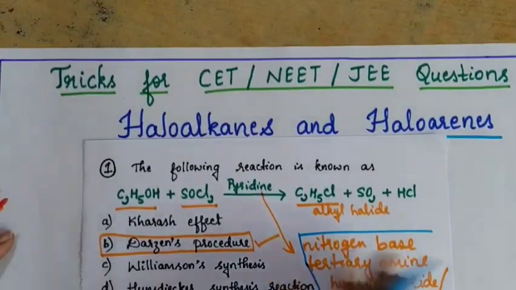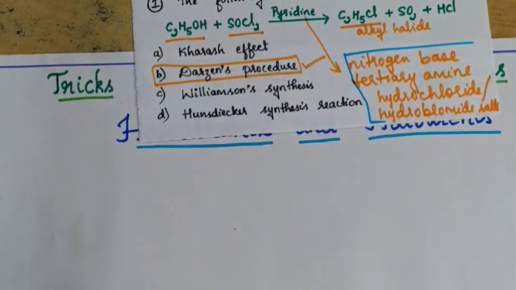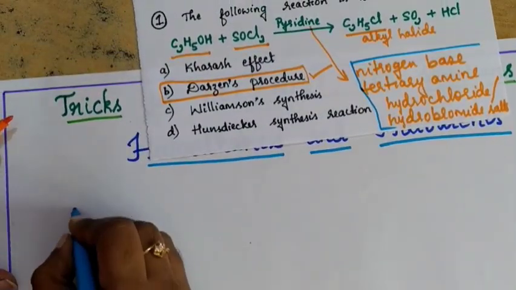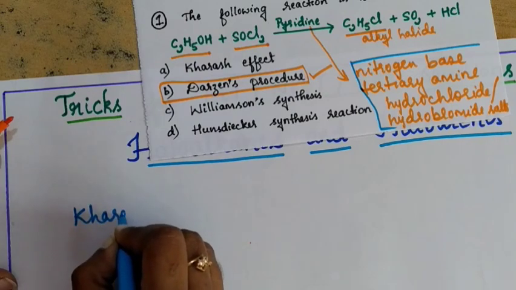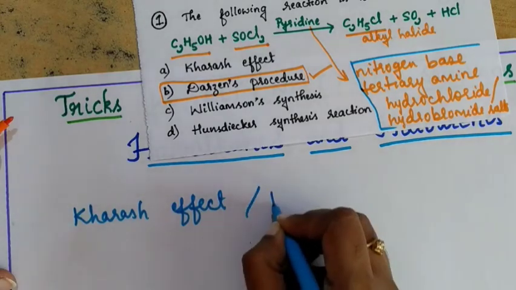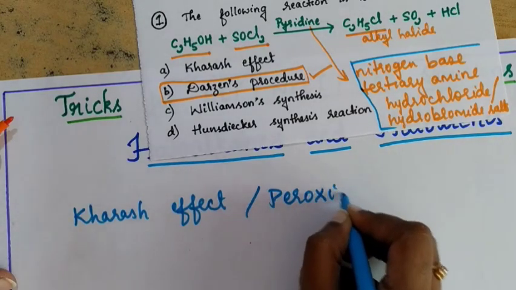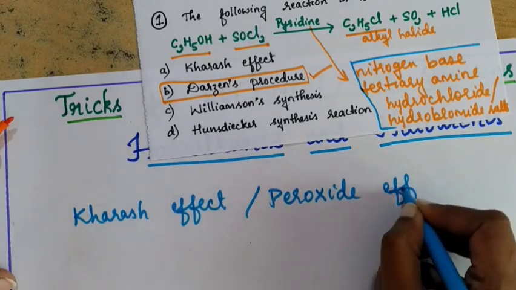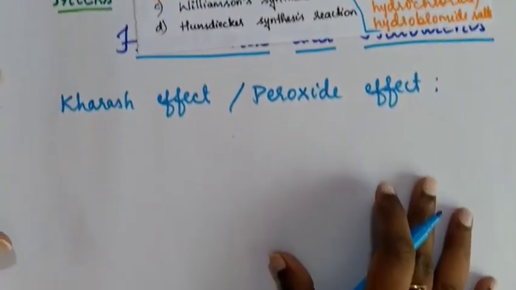Now let's see what is Kharasch effect. Kharasch effect we have also discussed already in the preparation methods. Kharasch effect can also be known as peroxide effect. Where do we use this procedure?